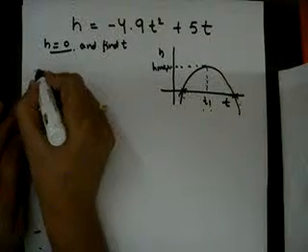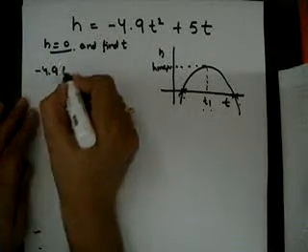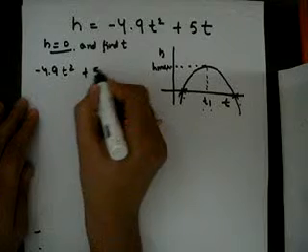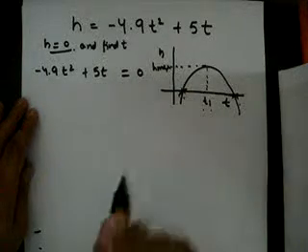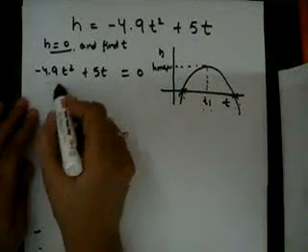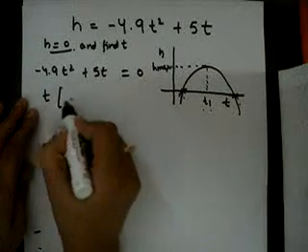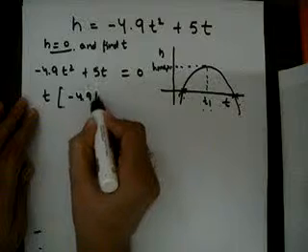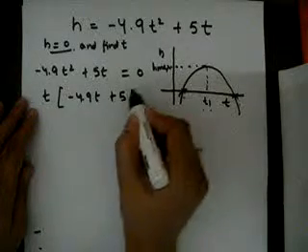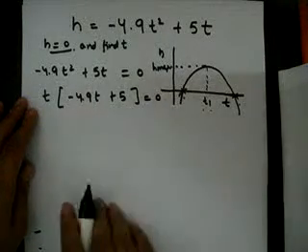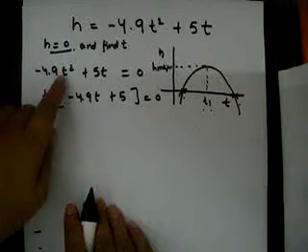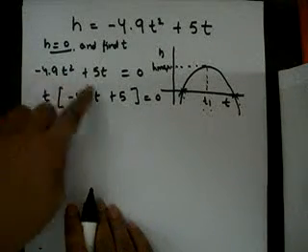So minus 4.9 t square plus 5t equal to 0. I can just take t common from these two expressions: t times minus 4.9 t plus 5 equal to 0.